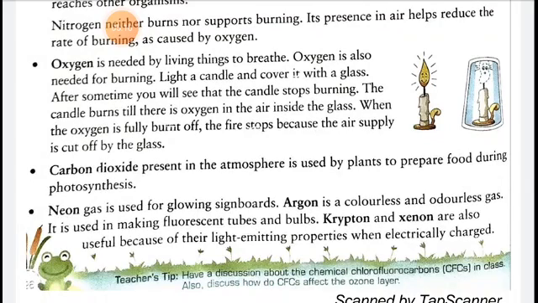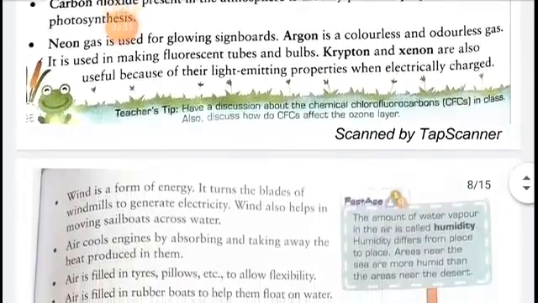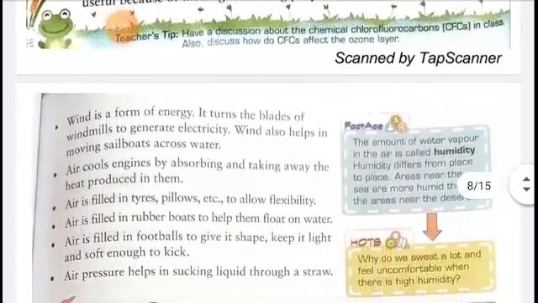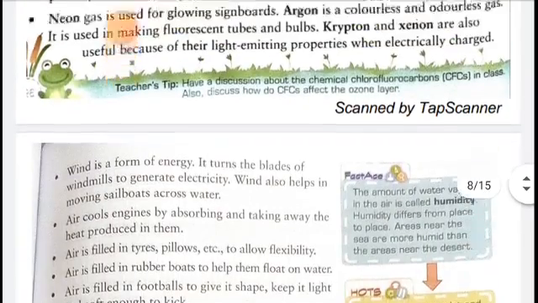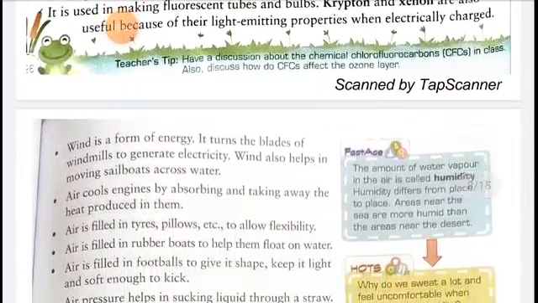Krypton and xenon are also useful because of their light emitting properties when electrically charged. So these are all important uses of air.